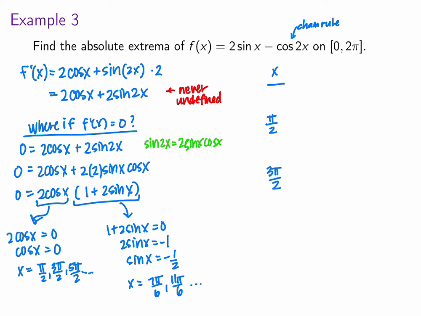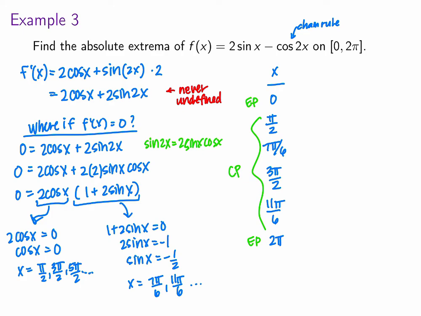And then I have 7 pi over 6 and 11 pi over 6. You don't have to put these in a certain order, but I like to have them in numerical order. And then I need to do my endpoints, 0 and 2 pi. So this was an endpoint and an endpoint, and these were all critical points that I found.